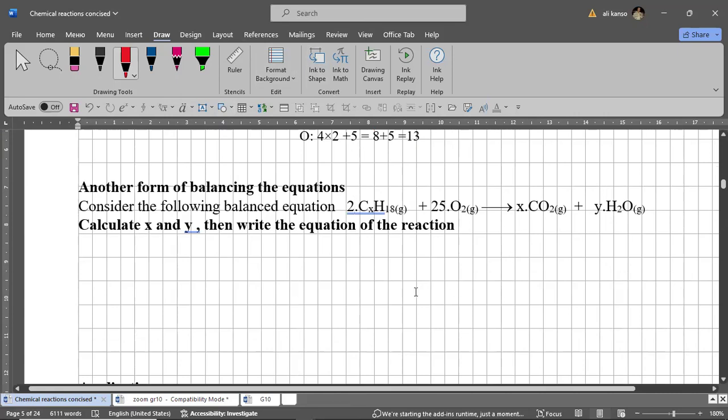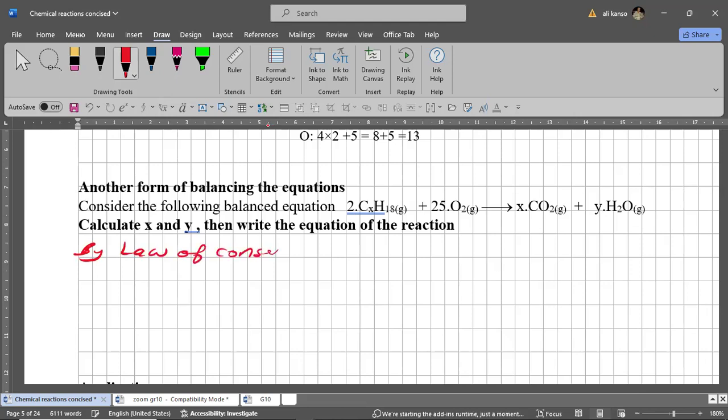Okay, we continue. Then we have this equation, by law of conservation of mass, let us apply this law between reactant and product.